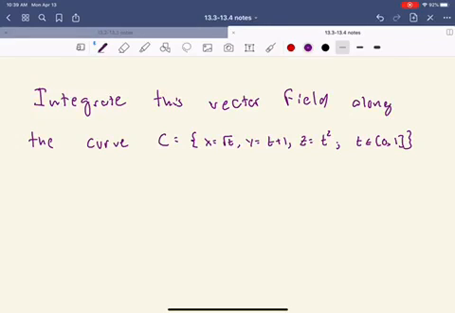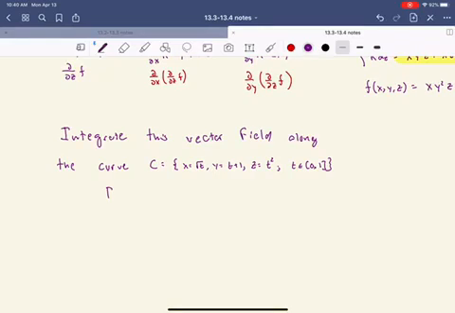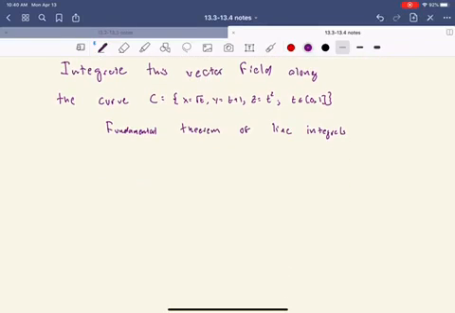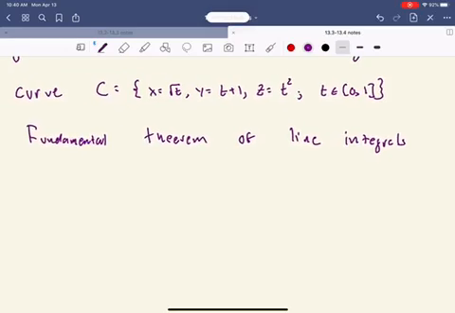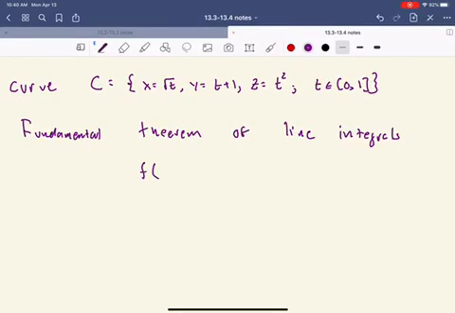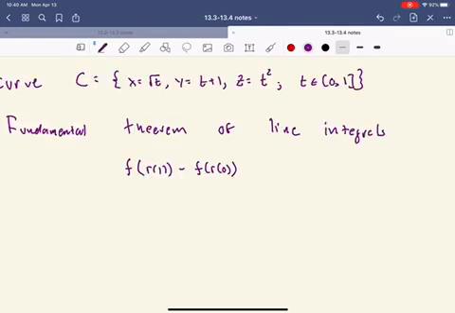Okay, so the fundamental theorem of line integrals, the first part, states that this is just going to be f of r of 1 minus f of r of 0.